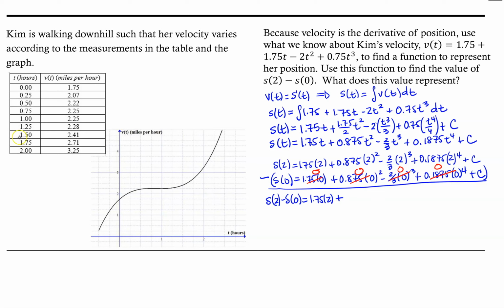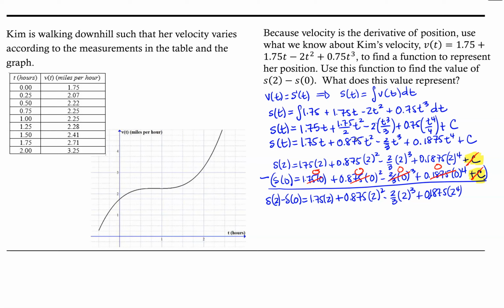So as I'm subtracting these corresponding components of the two functions, I'm getting 0.875 times 2 squared minus 2/3 times 2 cubed plus 0.1875 times 2 to the 4th. And notice here that I have my constant of integration minus my constant of integration. Those will subtract out, they'll add to 0. They no longer are relevant in this particular problem.